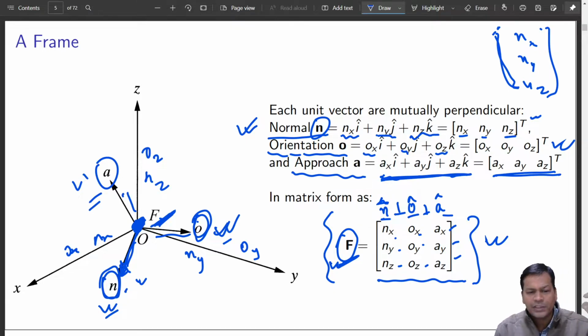So it represents complete information of an object in space, that is position, fx, fy, fz, that is the point, and NOA will represent its orientation.